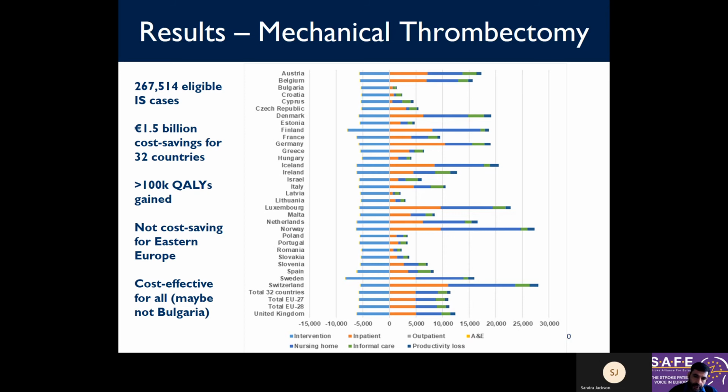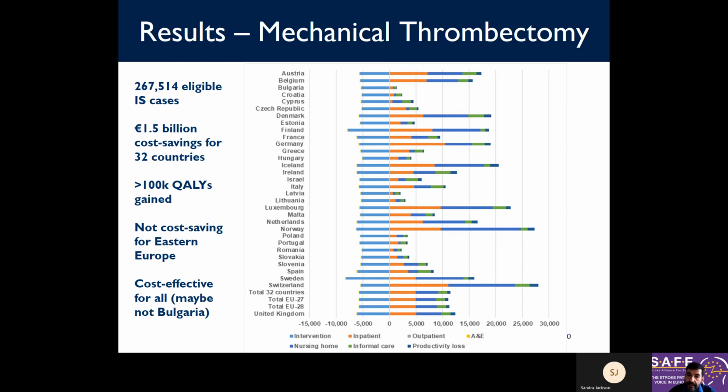When looking at Europe as a whole, mechanical thrombectomy would generate cost savings of around 1.5 billion euros and would generate over 100,000 QALYs in that population. It would tend to be cost saving for all Western European countries, but not cost saving for Eastern Europe.